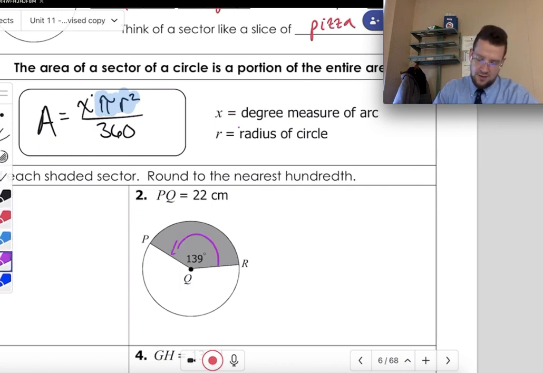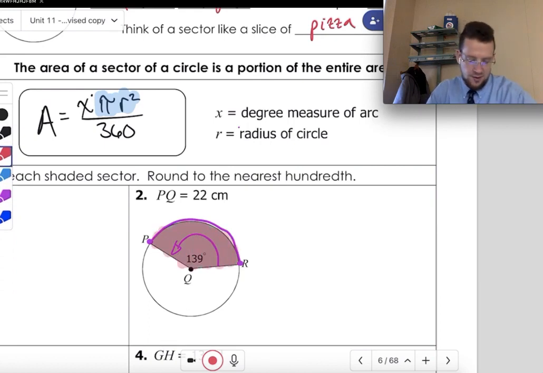If we look at this piece here, this is the arc measure of our sector. Remember that the arc is the same measure as the central angle. So if we're told that this angle is 139, then we know that the arc is 139 as well.